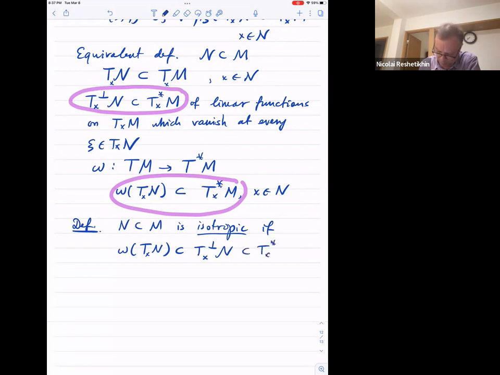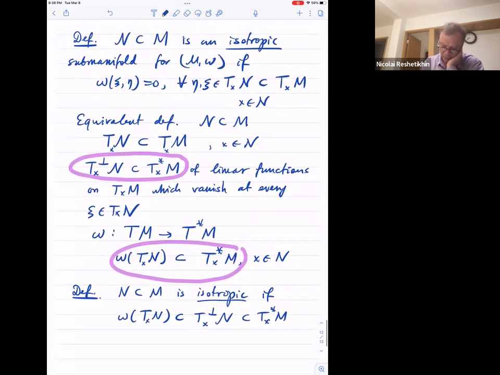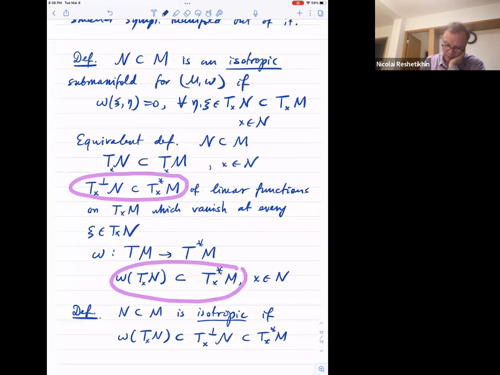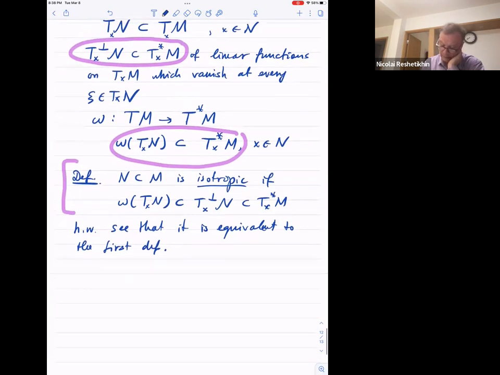So it's all in the cotangent space to M. And it's obvious that this definition is equivalent to this one. These are equivalent definitions. Maybe a little homework, if it's not obvious now, then just see that it's equivalent to the first definition.